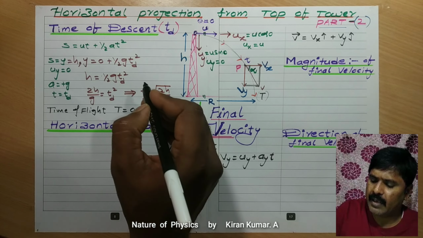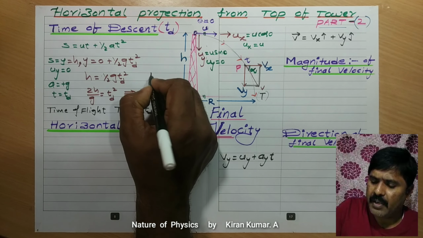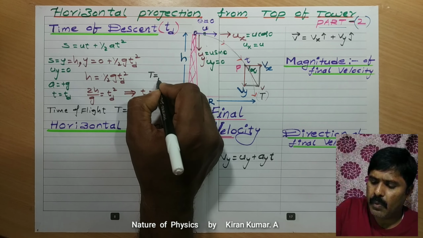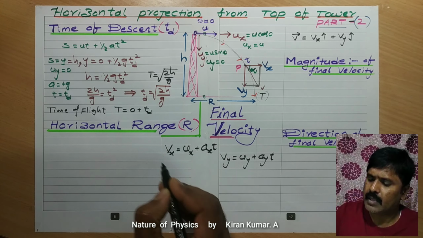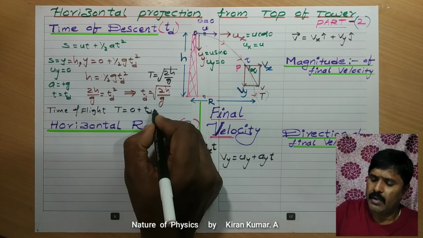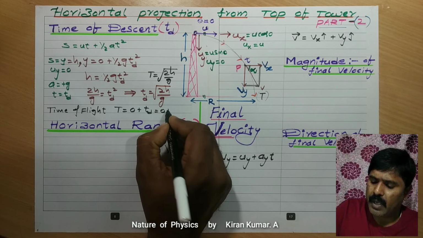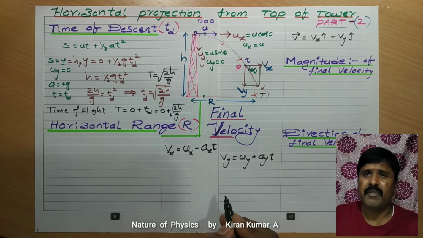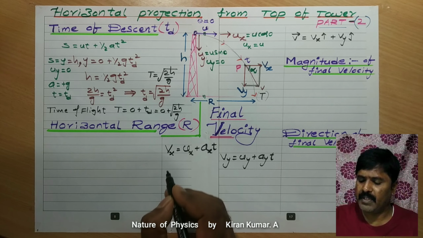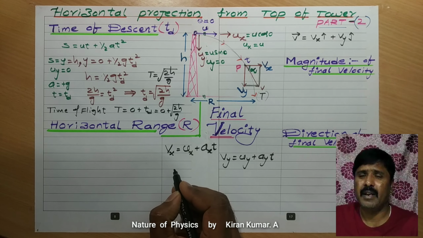So finally I can write time of flight T is equal to root over 2h by g, student. This is equal to 0 plus root over 2h by g. Time of ascent is equal to 0, only time of descent is there. That's why time of descent is equal to time of flight here.